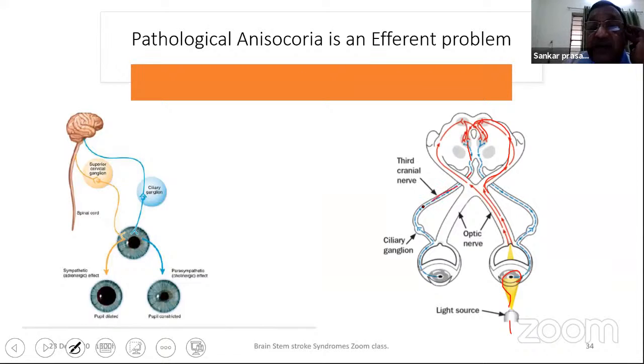The efferent will come separately. The afferent from one eye goes to both eyes, but the efferent is only one side, so an efferent problem is always a motor problem. Whenever you have an efferent problem, anisocoria manifests.